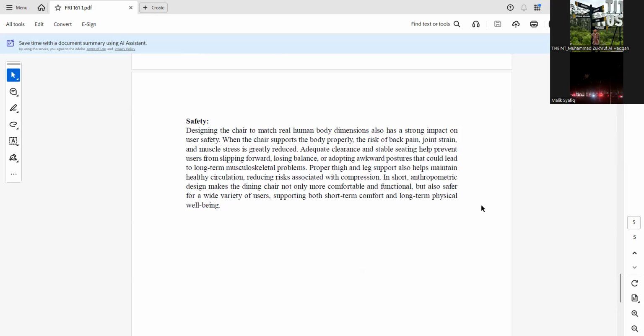By putting safety into our concern, this chair is not only comfortable and functional but also safer for a wide variety of users in the age range of 19 years old, and it supports their short-term and long-term physical comfort and well-being.